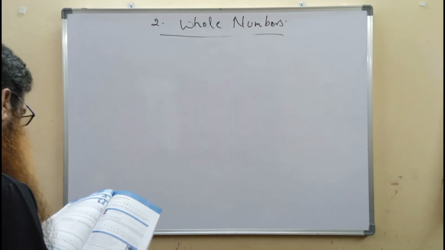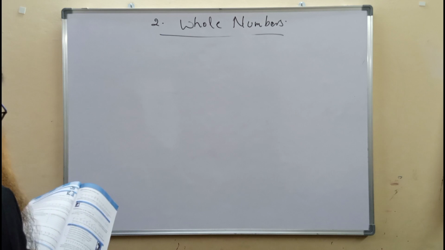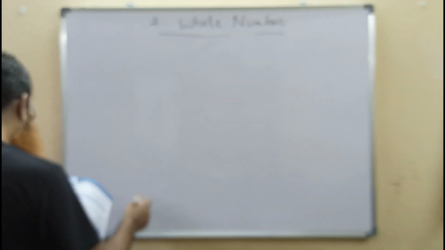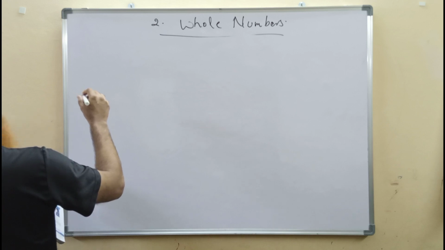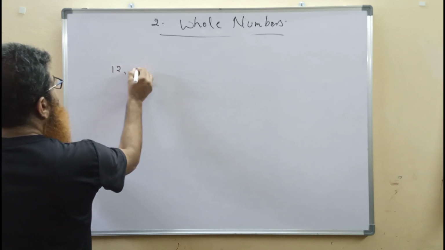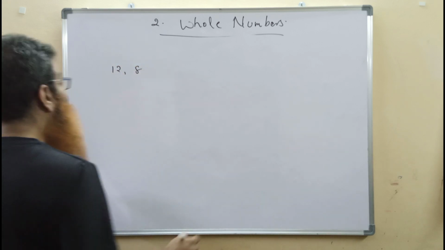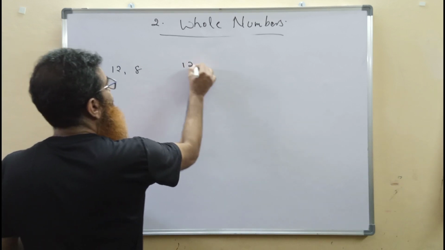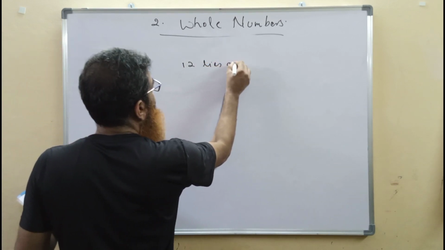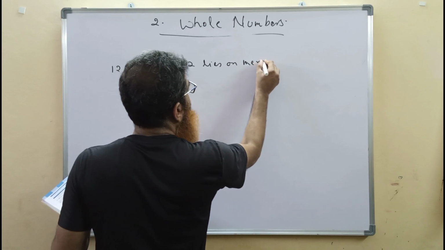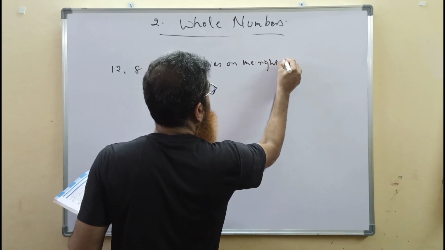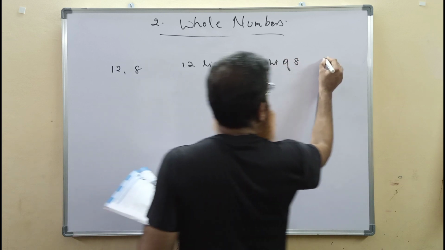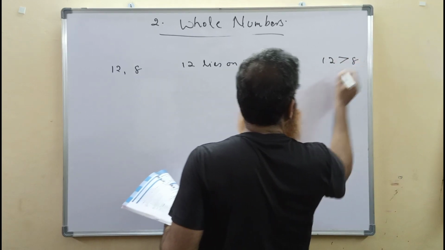Page number 16, there is a table. We have serial numbers up to 5 and we have given some numbers: 12 and 8. 12 lies on the right of 8, and 12 is greater than 8.